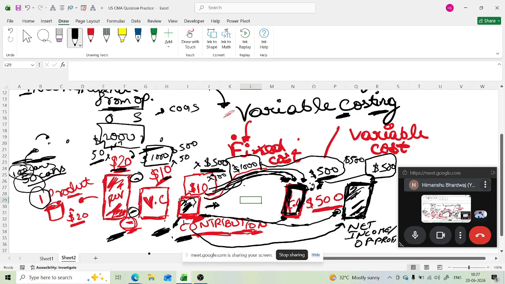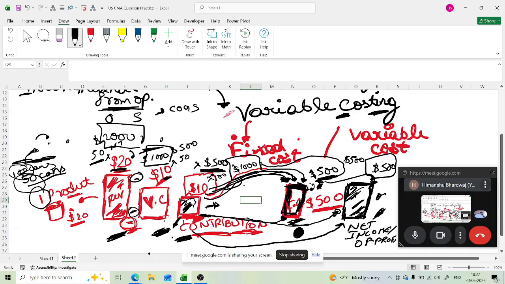Revenue also fluctuates with my level of production, which is logical. Fixed cost is not going to change within a relevant range, and operating profit is just a leftover. Whatever is left in contribution margin after recovering my fixed cost goes into my operating profit and net income. This is the concept level.